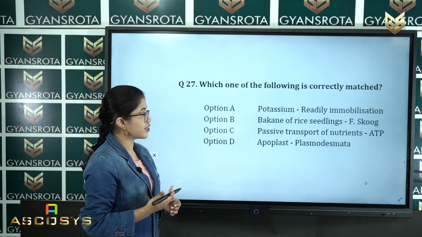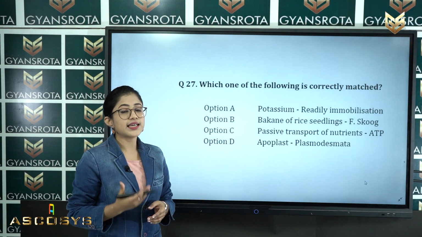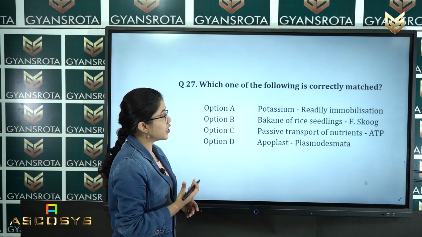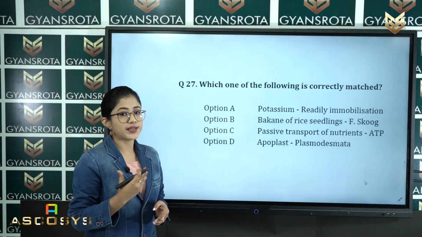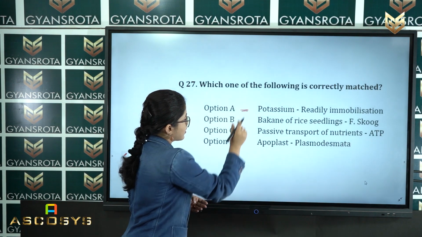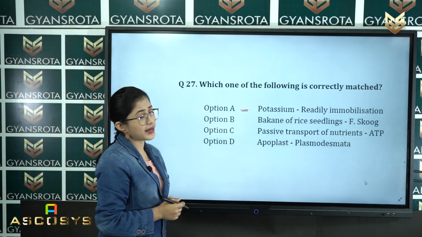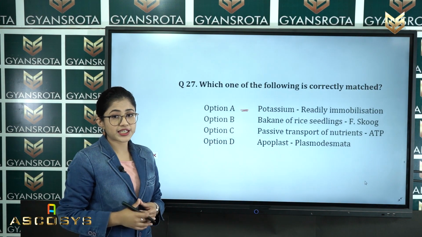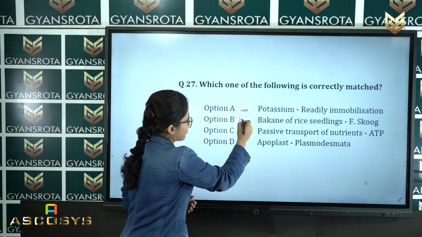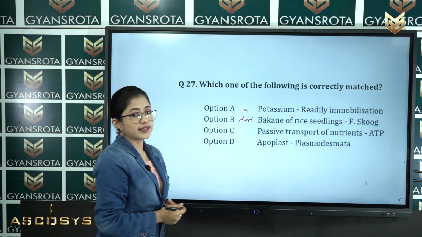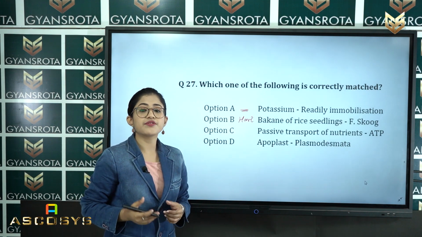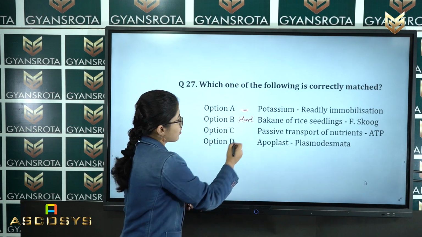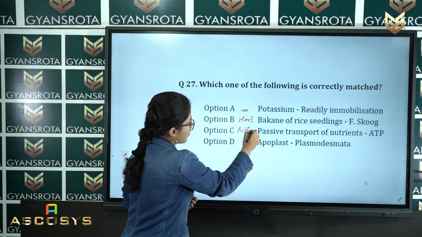In option number A, it is written potassium, readily immobilization. That is a very confusing option because potassium readily mobilization, it should be like this. So, this is something confusing. Next, in option number B, it is written bakanae of rice seedling is given by F. Skoog. That is the incorrect statement because it was given by Hari, right? Next, in option number C, it is written passive transport of nutrients is done by ATP. That is also incorrect statement because only in active transport ATP is required.